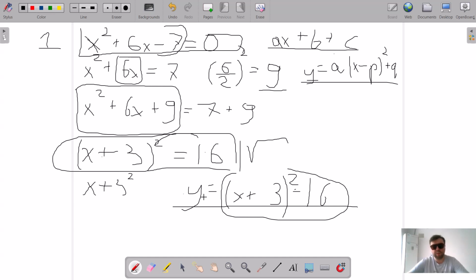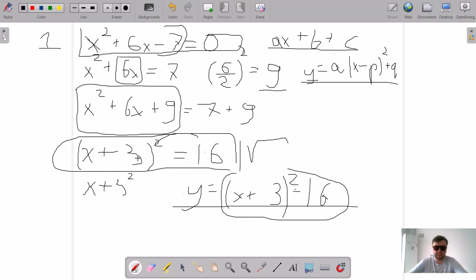In that case we will just multiply the binomial by the coefficient a, and we'll multiply the linear term on the right side also by coefficient a, and you will have the vertex formula. But now let's verify it.